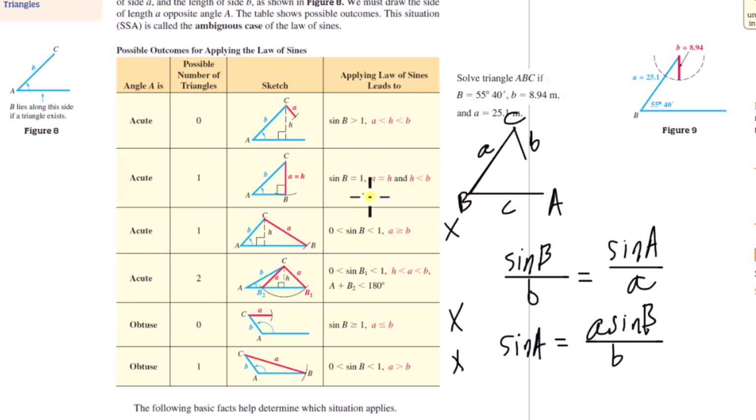And that's why for each of these cases, they're stating information about the sine of this angle over here, the angle connecting the opposite side to the angle you know to the side that you don't know. You do the law of sines for every case of the ambiguous case of law of sines, and you're going to get something pertaining to sine of B, or the sine of this angle over here. In this case, it was sine of A.